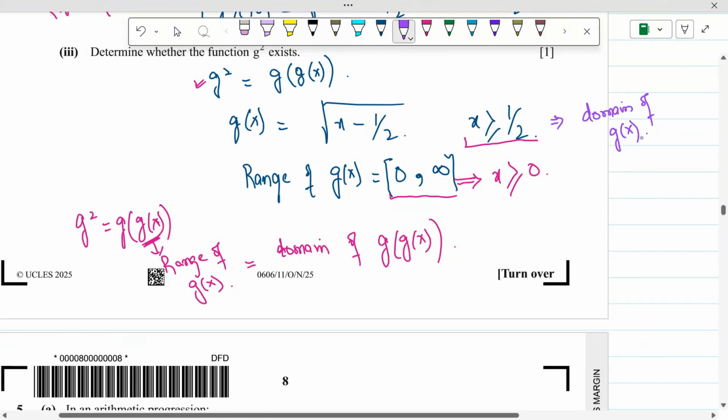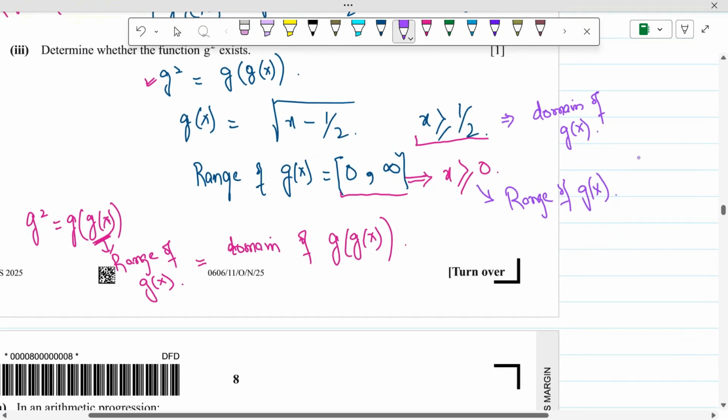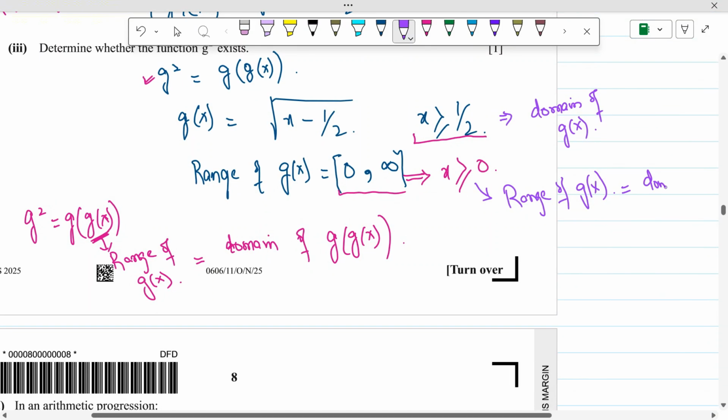You can say that this one is the domain of g of x. This one is the range of g of x, and this is equal to the domain of g square.